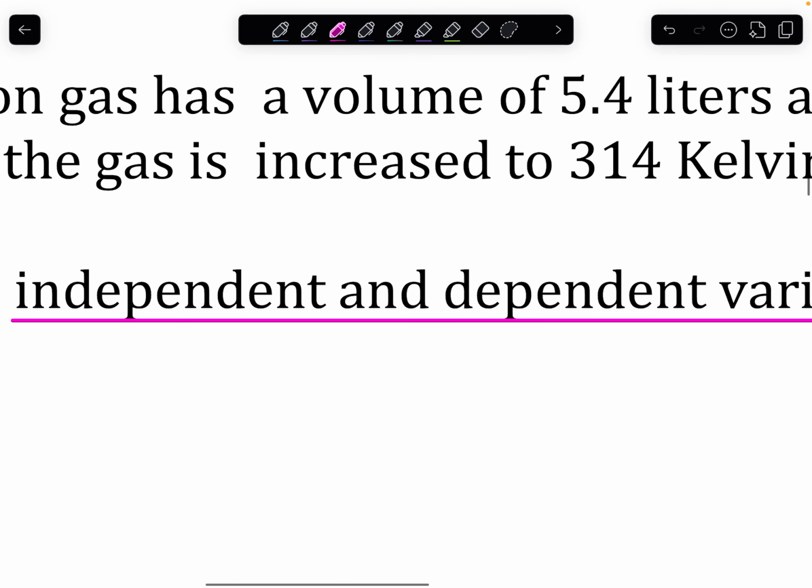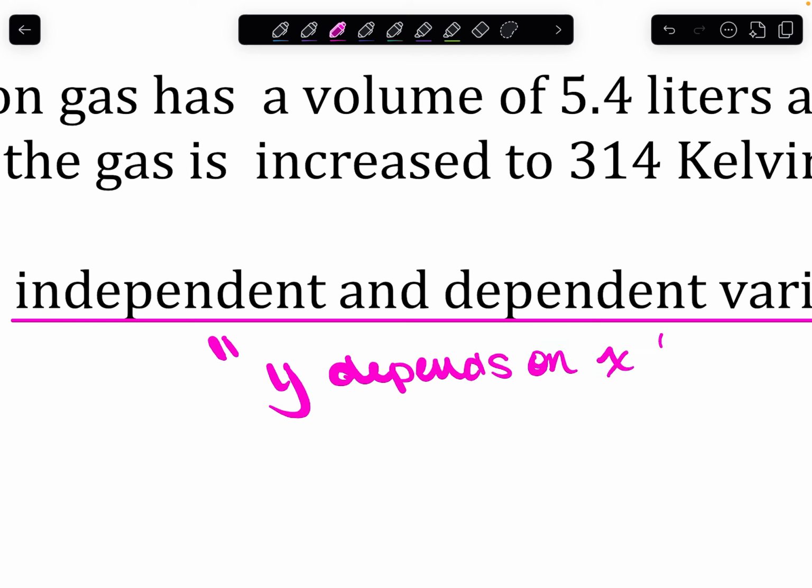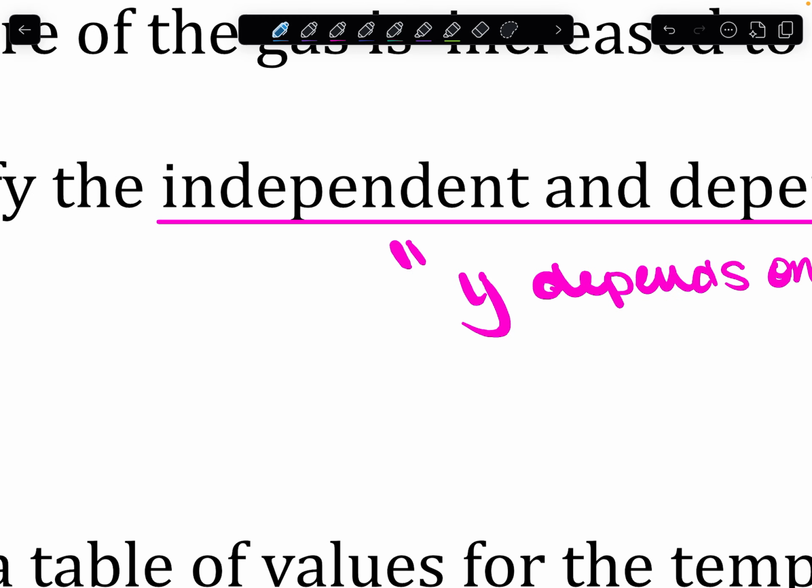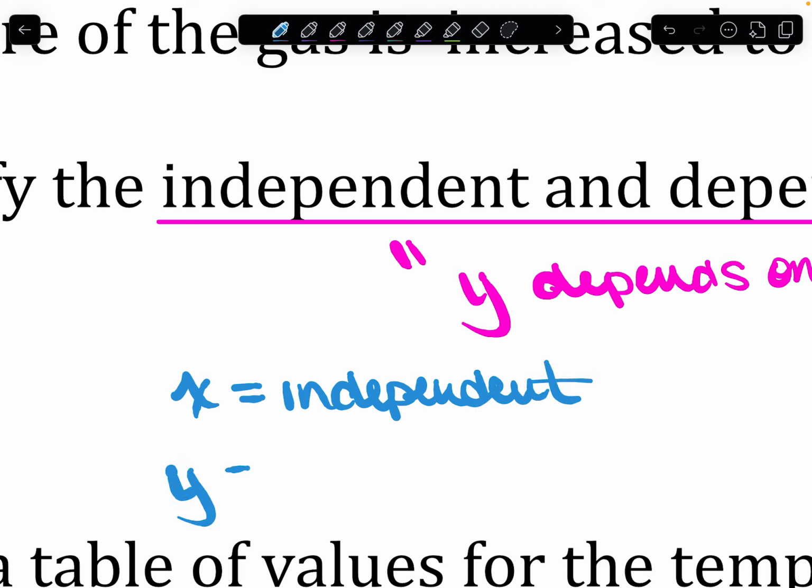The general rule for variables is y depends on x. Since y depends on x, x is the independent, the one we can pick whatever we want for, and y is the dependent because it is determined by that x.